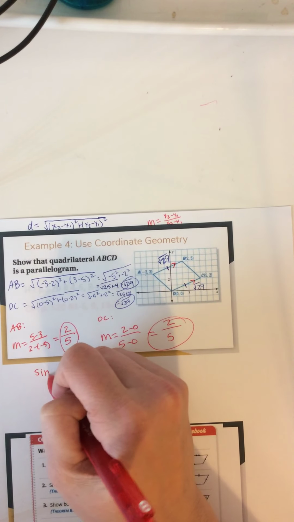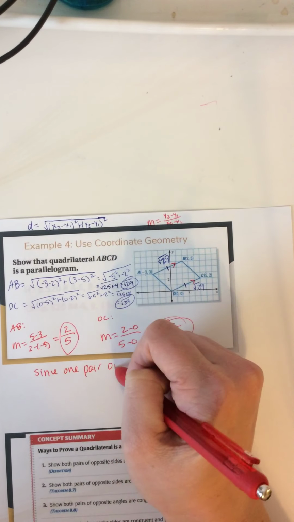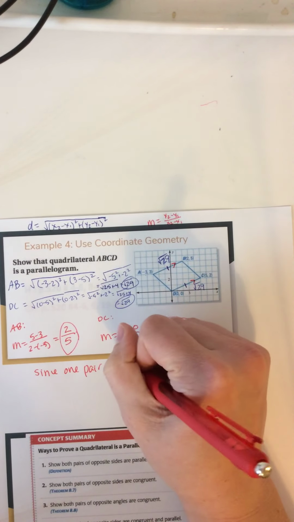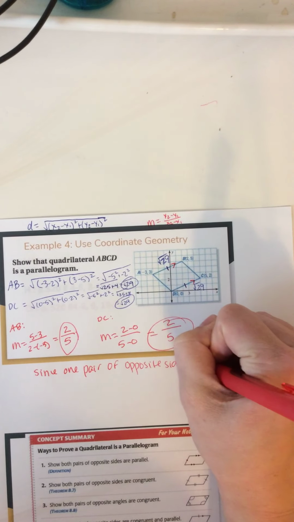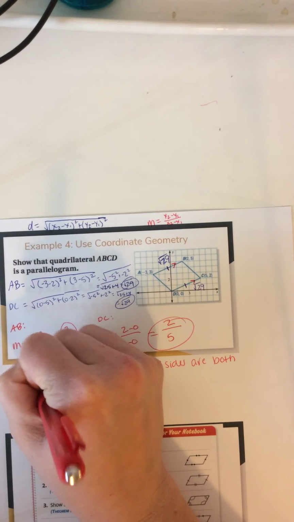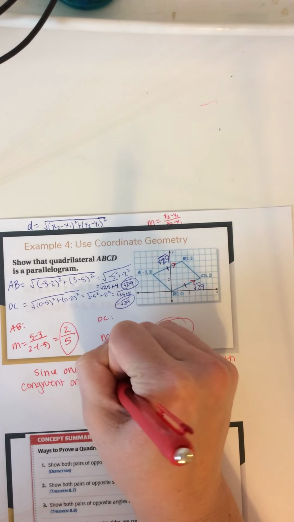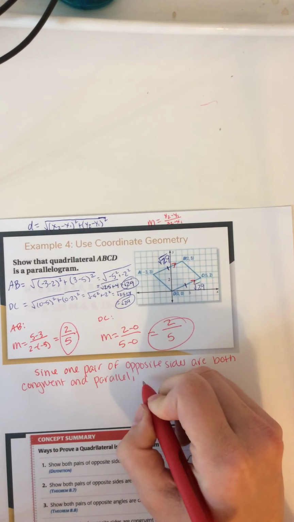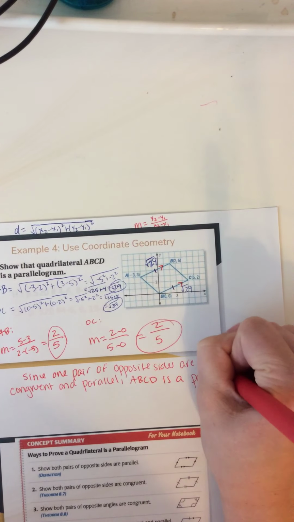So since one pair of opposite sides are both congruent and parallel, ABCD is a parallelogram.